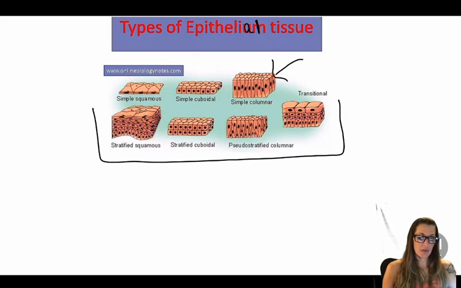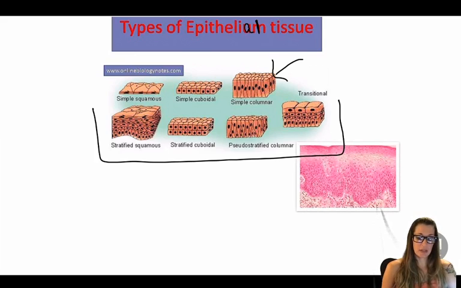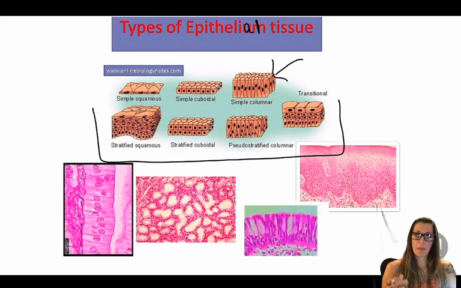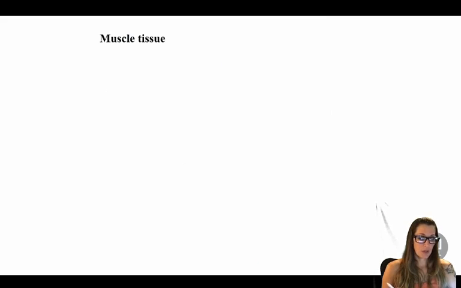You do have several types that are single-layered. Whether they're multi-layered or single-layered, they still have all of those characteristics that we talked about. And you'll learn all these different types when you take anatomy. For now, just be aware that there are lots of different types of epithelial tissue, and these are actual microscopic images of these different types of epithelial tissue in different parts of the body.